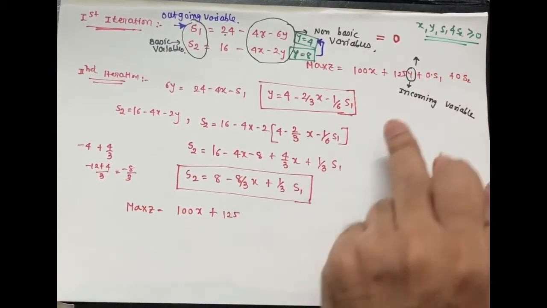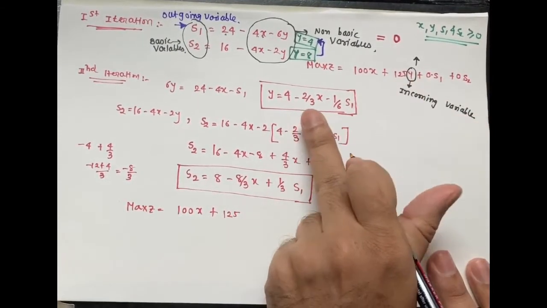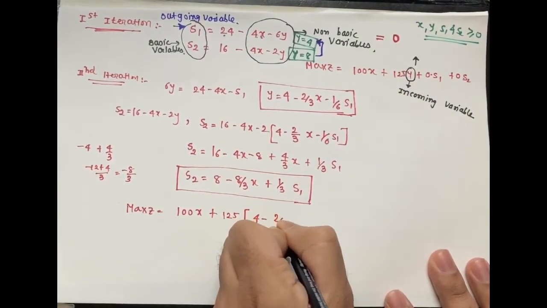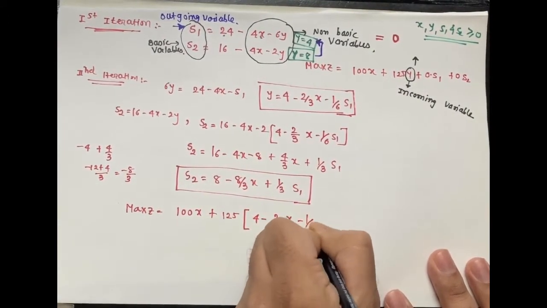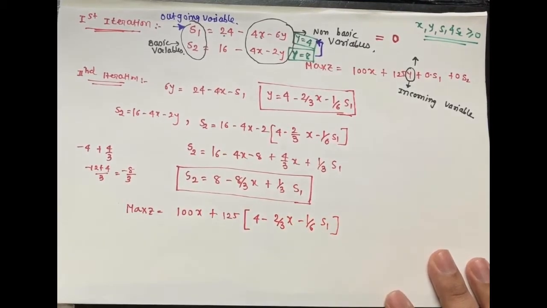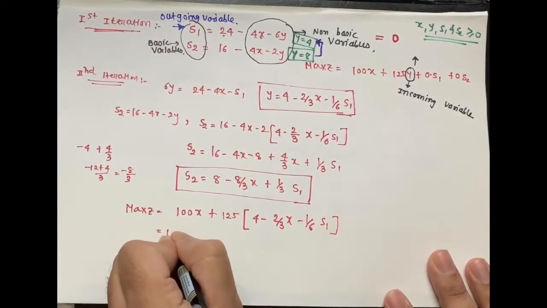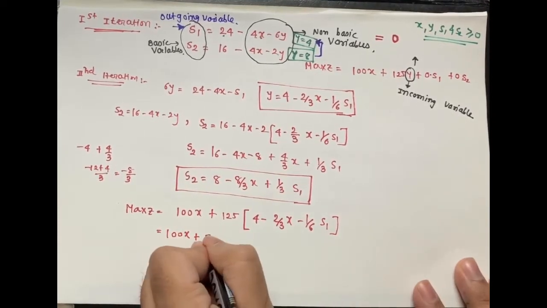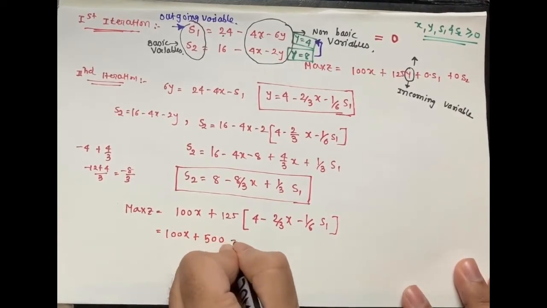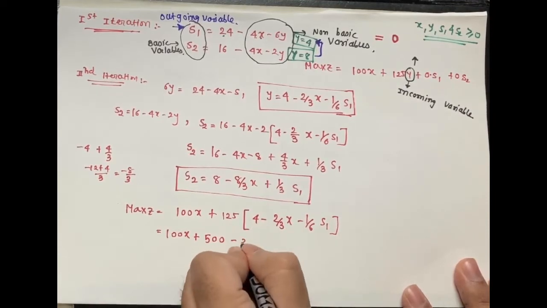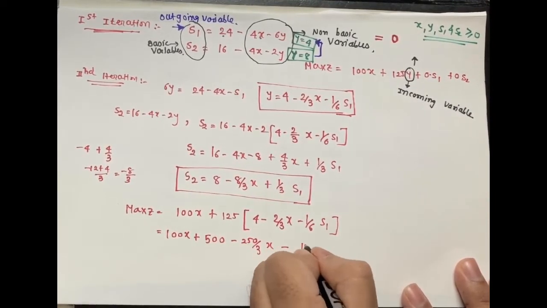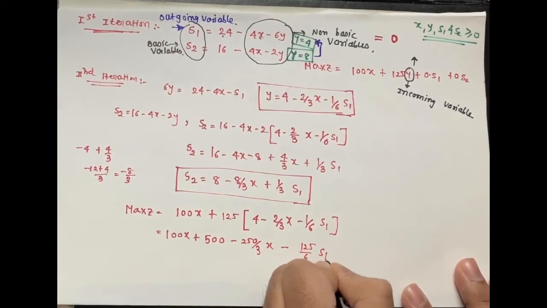So 100x plus 125y. What is the value of y? It is 4 minus 2 by 3x minus 1 by 6 s1. So it is 100x plus 125 into 4, that is 500, minus 125 into 2, that is 250 by 3x, minus 125 by 6 s1.